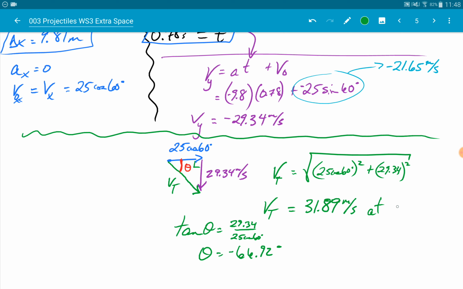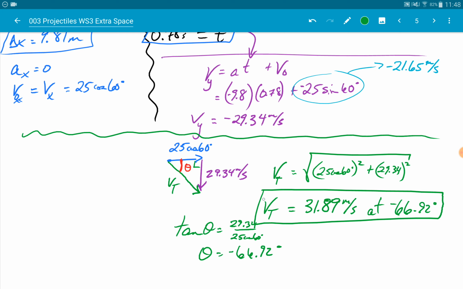So at negative 66.92, everybody who reads that in the world will assume that you are measuring that from the positive x-axis and going the opposite direction as you normally do under conventions that we've already established, which is clockwise in this case. Cool.